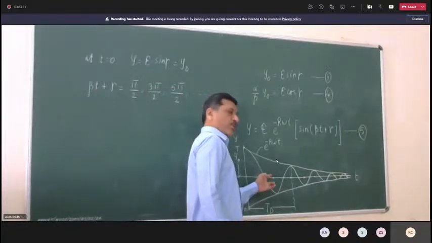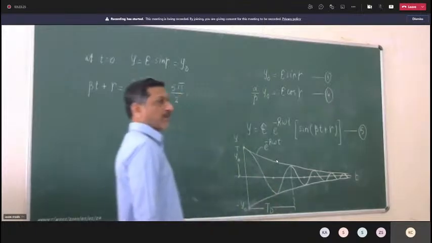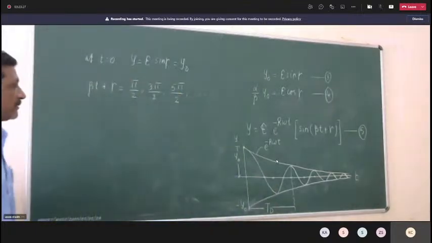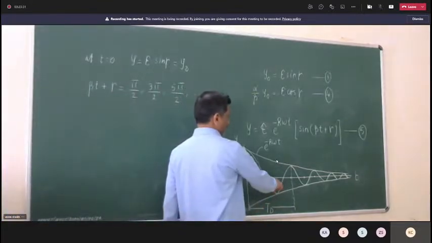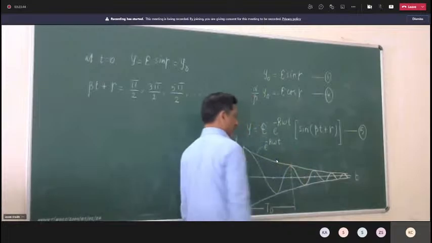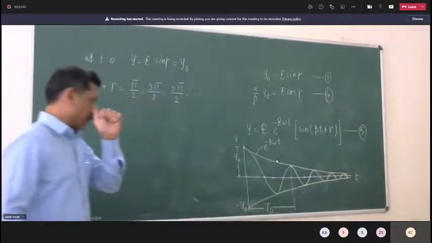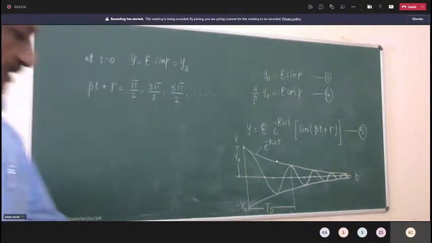This angle will be pi. This angle will be pi. And therefore, this angle will be 3 pi by 2. More than 1, right? And then this will be 5 pi by 2. Okay. And now see if you can find out the value of period of vibration from this.